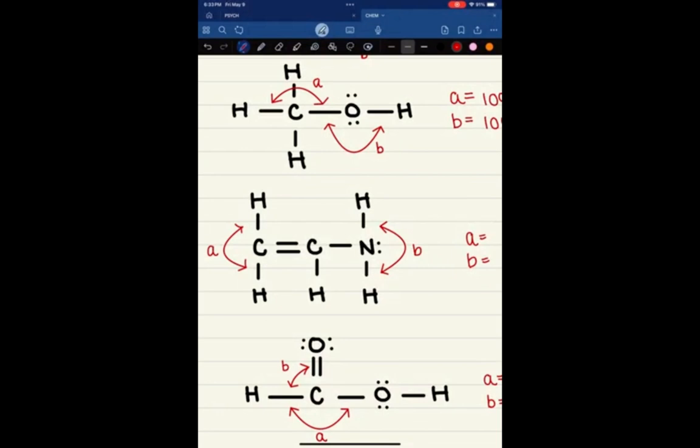So let's take a look at our third Lewis structure here. We're going to start with angle A, which is going to be hydrogen, carbon, and hydrogen. Carbon is our central atom, and it looks like we have 3 sides for the first time.